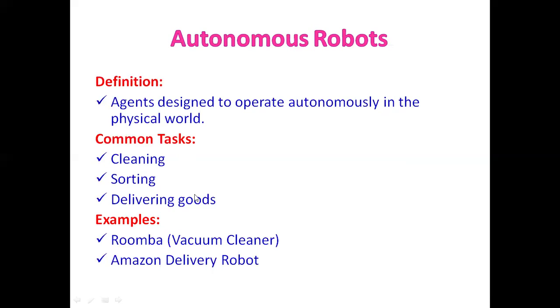By using sensors, cameras, and actuators, they can navigate their environment and make decisions based on real-time data. Examples include the Roomba vacuum cleaner, which autonomously cleans floors, and Amazon's delivery robot, which delivers packages to customers. These robots play a crucial role in automating tasks and improving efficiency in homes and industries.